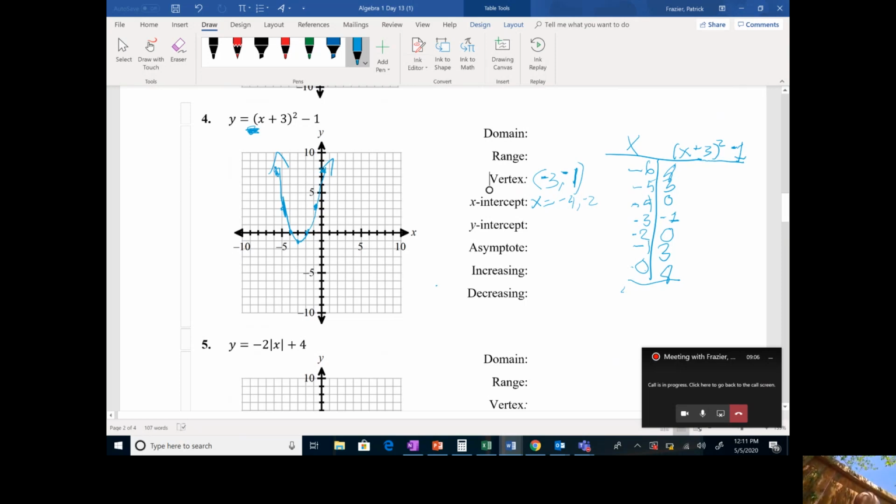And for domain, remember domain is what do you put in? Is there any restriction on what values we can put into x? We could keep going in this direction, and you can still put in anything. As this U keeps going up, it's still going to be stretching further and further to the left, so we can go all the way to -infinity, and same thing over here to the right. We can go all the way to +infinity, so it's just all real numbers. For the range, though, see, we never go lower than -1.